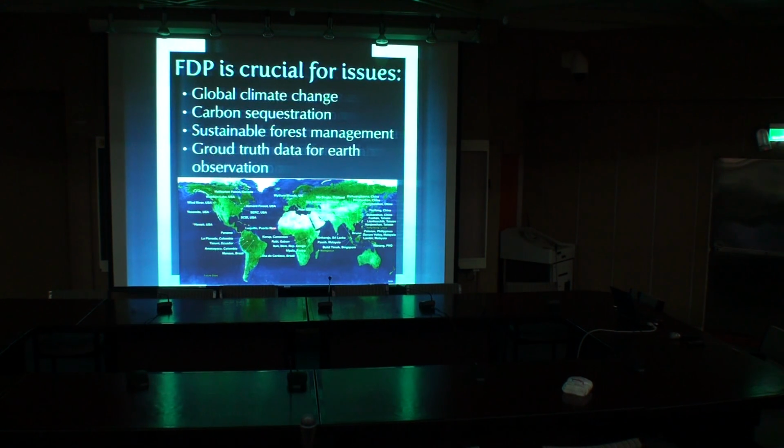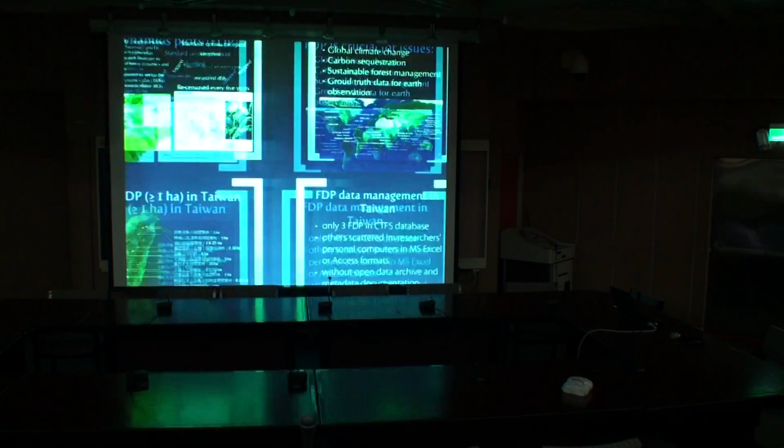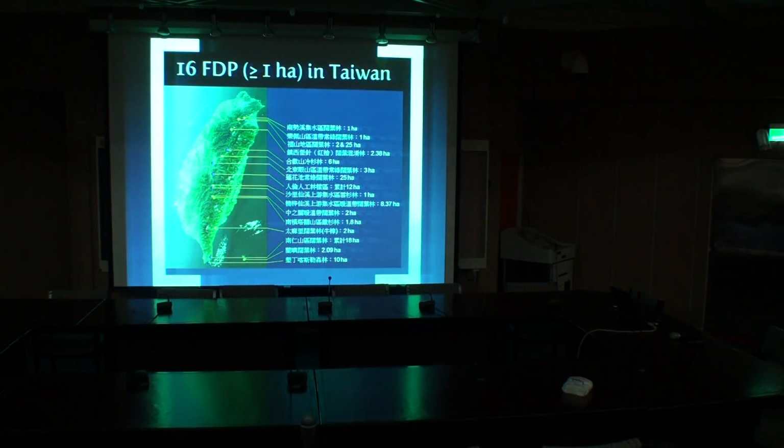At the Smithsonian CTFS, the Center for Tropical Forest Science, they have more than 40 plots around the world. But in Taiwan, we have 3 plots in northern, central, and southern Taiwan. Those 3 plots were databased in CTFS.